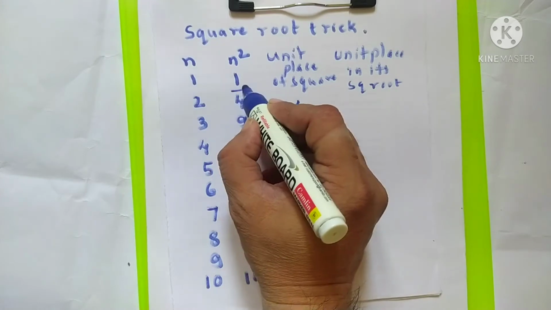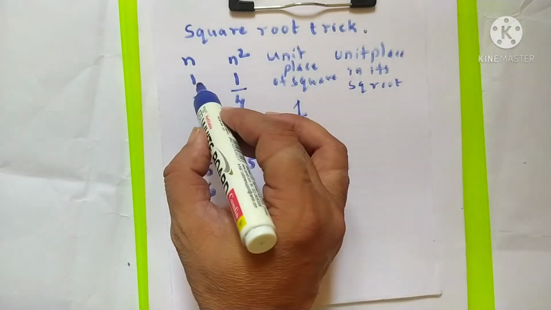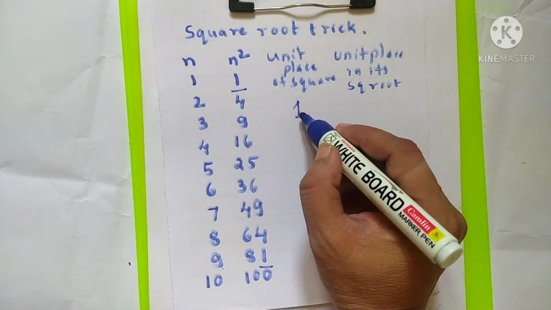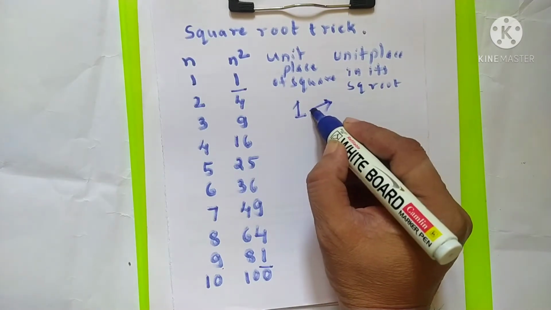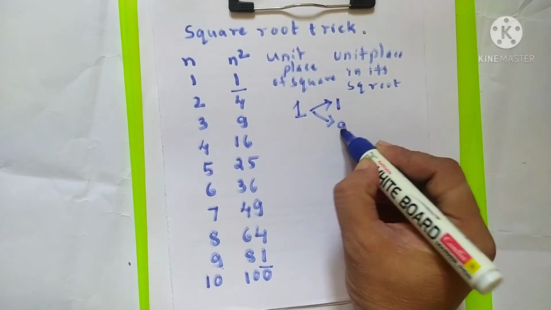So this is 1 here and this is 1 here. So in its square root this 1 and 9 comes. So 1 is okay in the square. Then in its square root the unit place is 1 or 9.